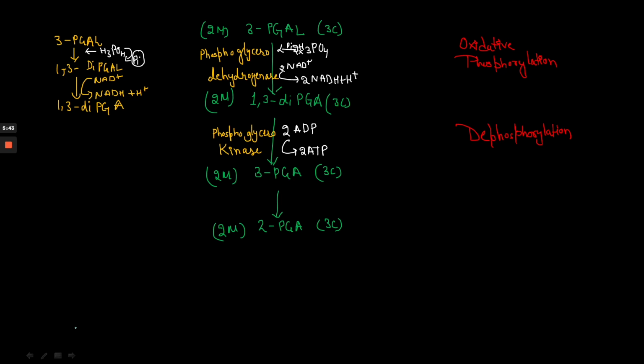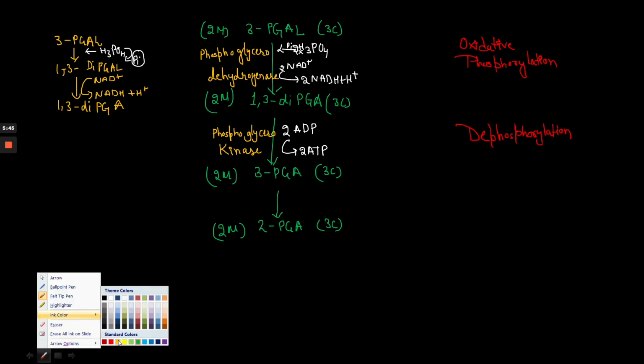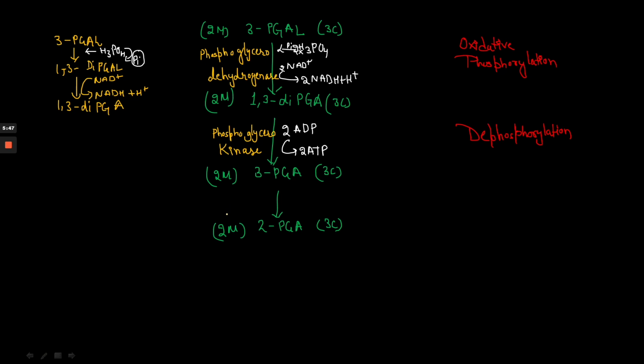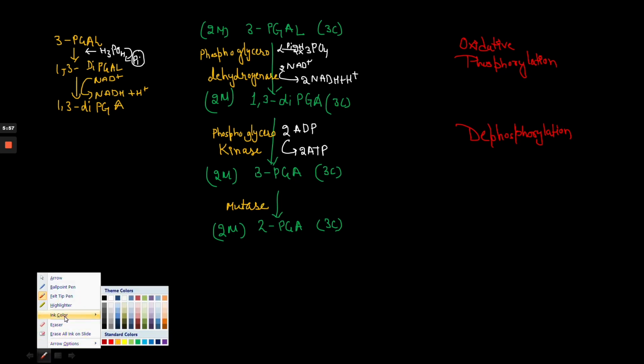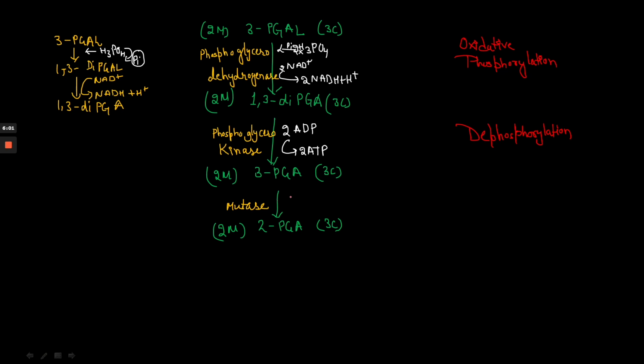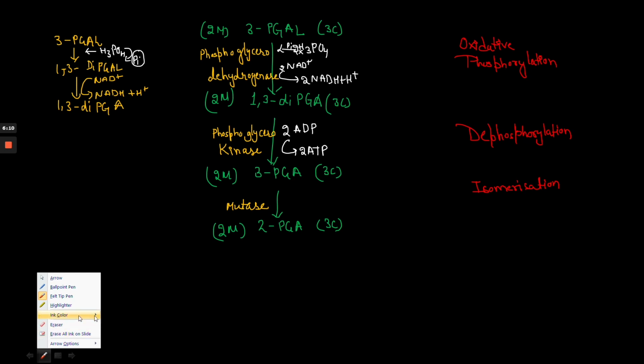So here a kind of change is happening, and the change is related to mutation. So the enzyme that is involved is mutase enzyme. Since these are isomers of each other, this step is known as the isomerization step.